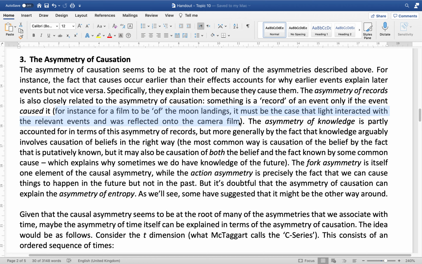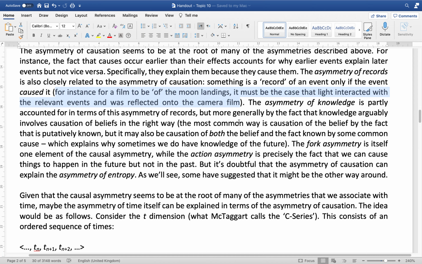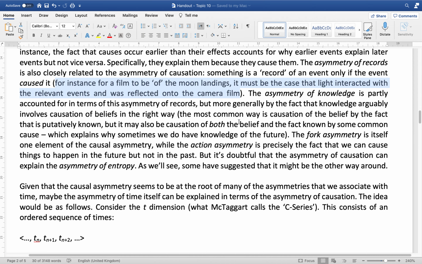But whatever our beliefs are of the future, well, normally those can't be caused by events occurring in the future. So maybe this accounts for why we don't have genuine knowledge of the future. The fork asymmetry we noted is an element of the causal asymmetry. So present correlations tend to be explained by past events, but not by future events.